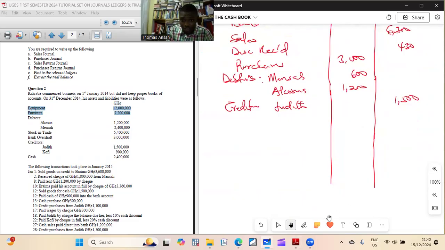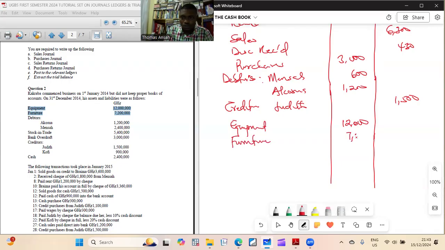So you can put in the equipment, which is 12,000. Furniture, which is 7,200. The capital of the company that you found is still there.